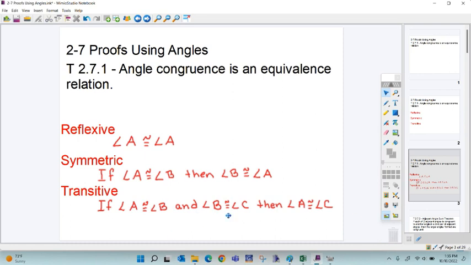So you wouldn't even have to deal with B if you know that A and C are both congruent to it, then you know that they have to be equal or congruent to each other as well. So today we're going to go through a few theorems that are important and their proofs.